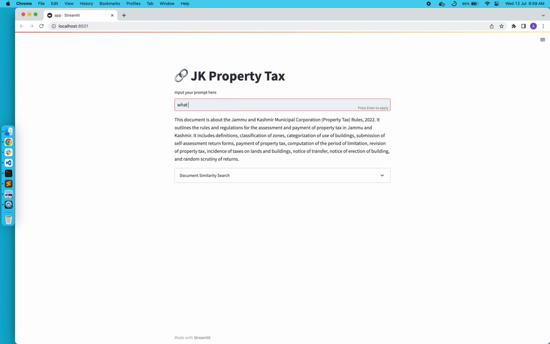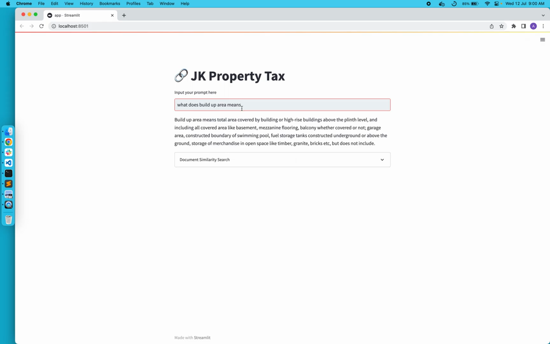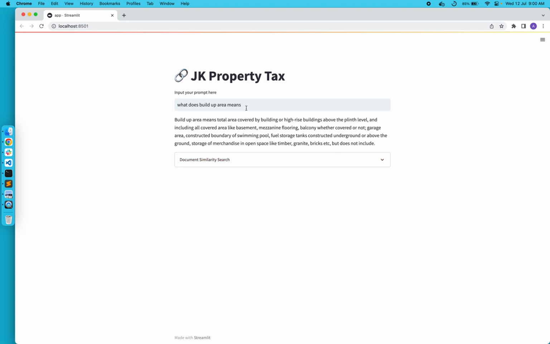Let's ask what does built up area mean. So built up area means total area covered by building, highest building above this level, and includes all the covered area like basement, mezzanine, flooring, balcony, etc. Right, and it also gives you the actual part of the document that contains that.